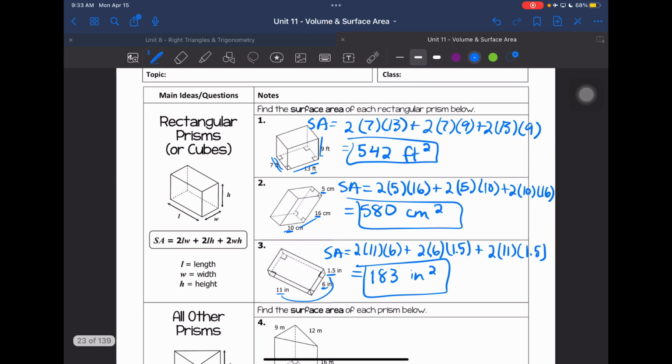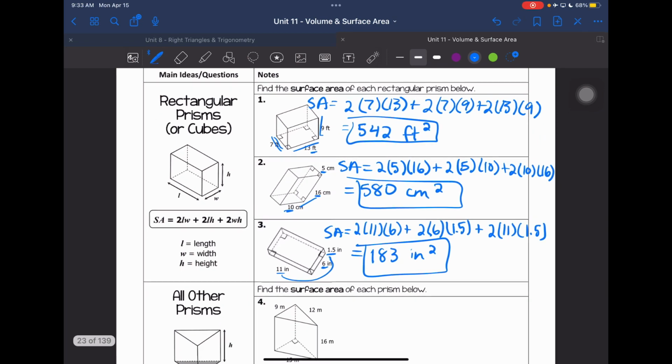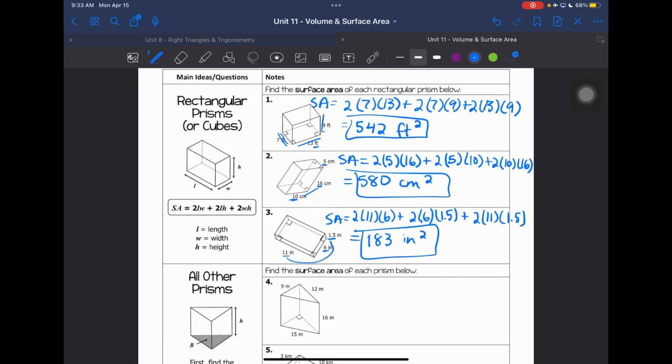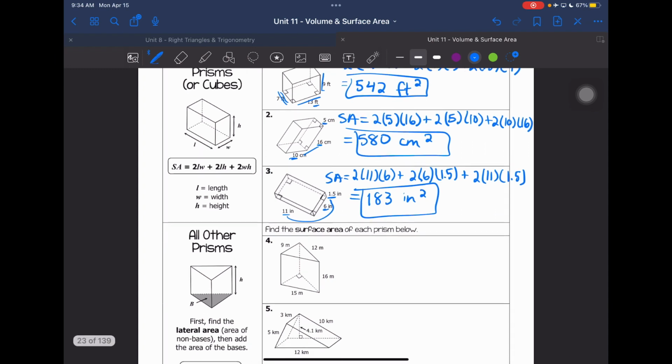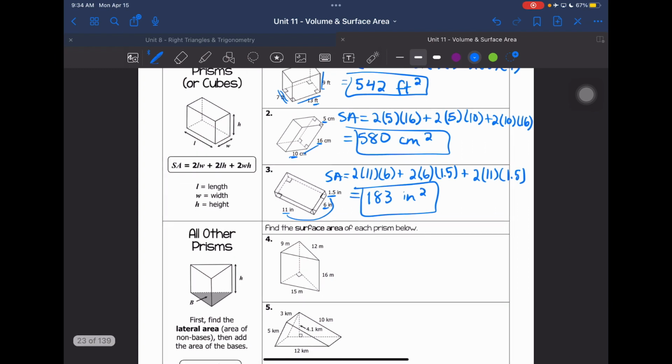So rectangular prisms are pretty nice to work with when we're finding the surface area. We just have to use that formula. When it comes to all other prisms, we have to do a little bit more, and that's because we have to consider the area of our base. If our base isn't as simple as a rectangle, where the formula for area is just length times width, then we need to adjust the formula by using the area of whatever our shape is.